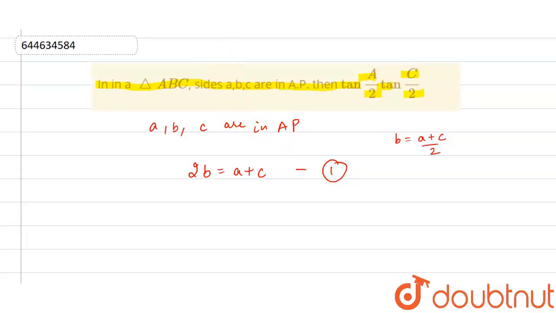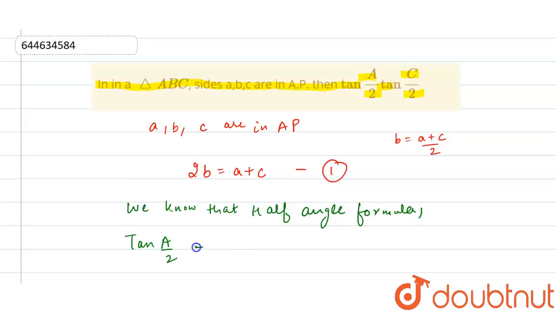So now we know the half angle formula for tan. We can write tan of A by 2 as equal to the square root of (s minus b) multiplied by (s minus c), this whole under root, divided by s multiplied by (s minus a).